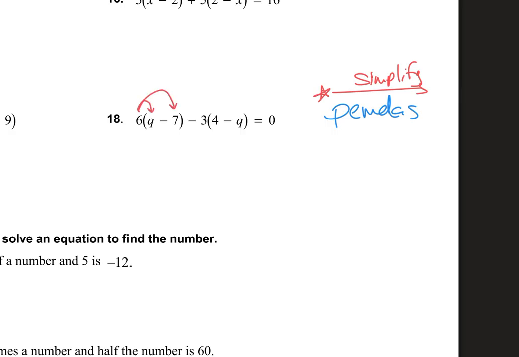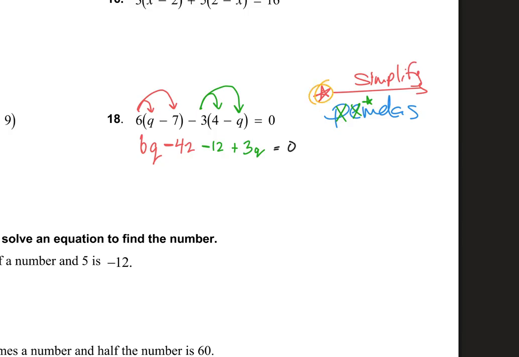And if you're like, wait, I didn't know that, well, I can't actually do what's inside the parentheses. There are no exponents. And distributing is multiplying. So 6 times q is 6q. 6 times negative 7 is negative 42. And negative 3 times 4 is negative 12. Negative 3 times negative q is positive 3q. And that equals 0.